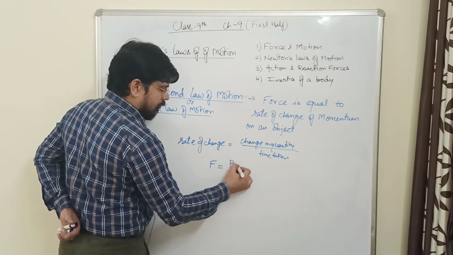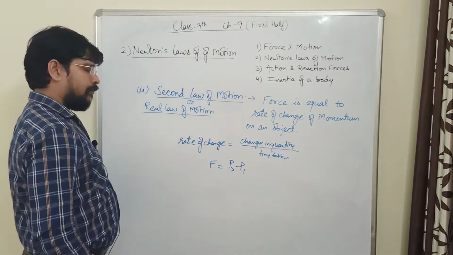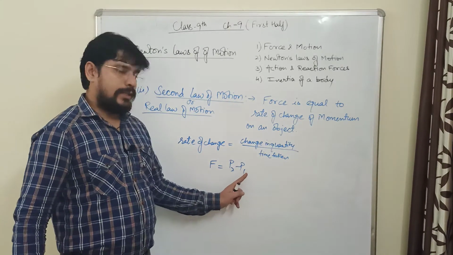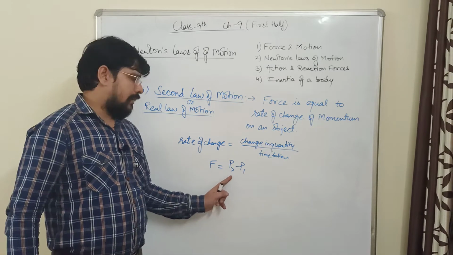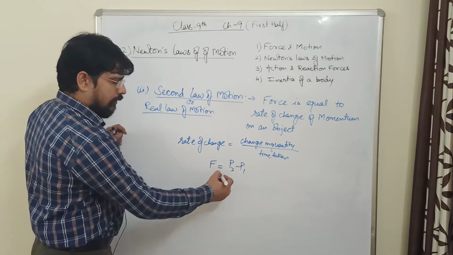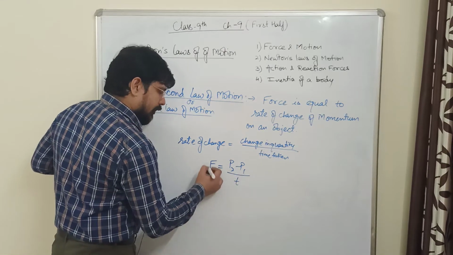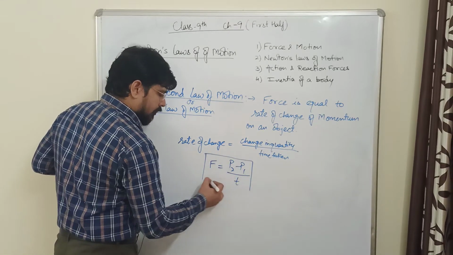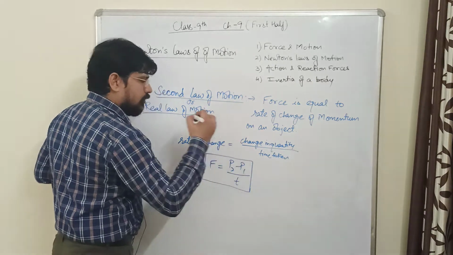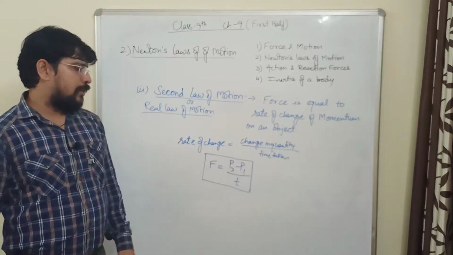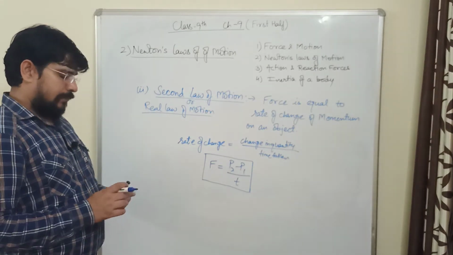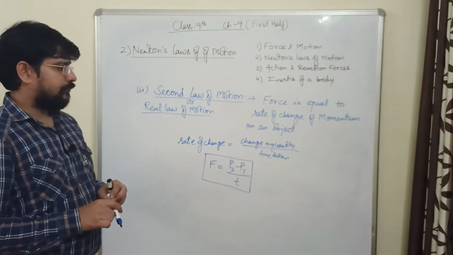So the change in momentum is P2 minus P1, final momentum minus initial momentum. This is how we calculate the change in momentum, and for the rate, we divide it by the time taken. So this is your equation for the second law of motion: F is equal to P2 minus P1 divided by t.